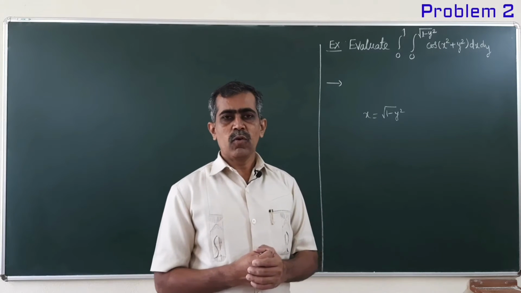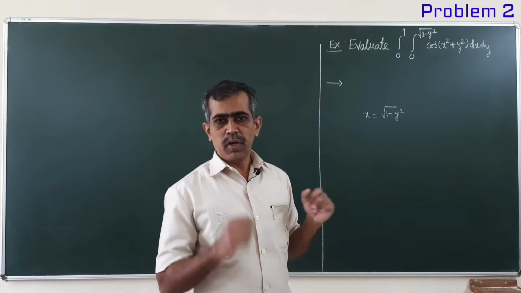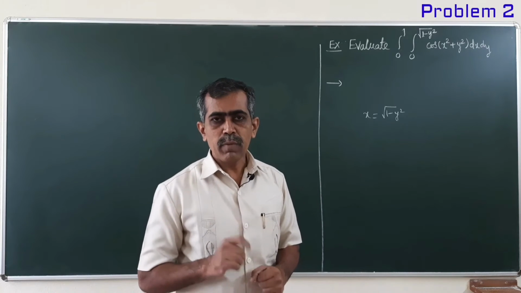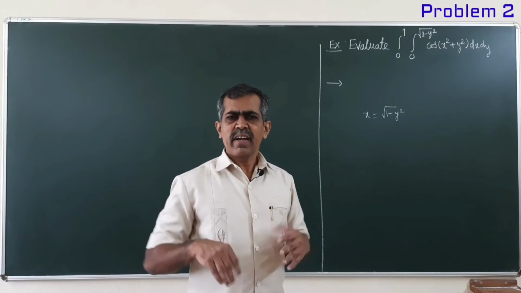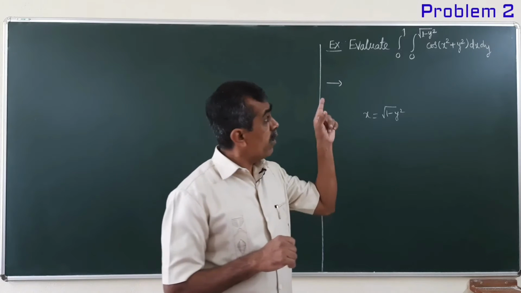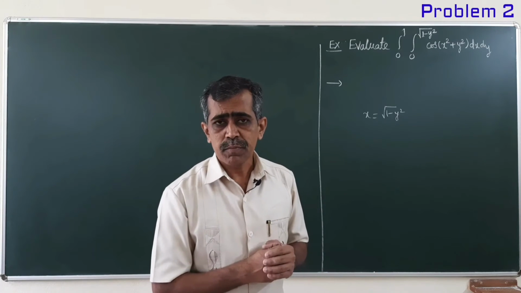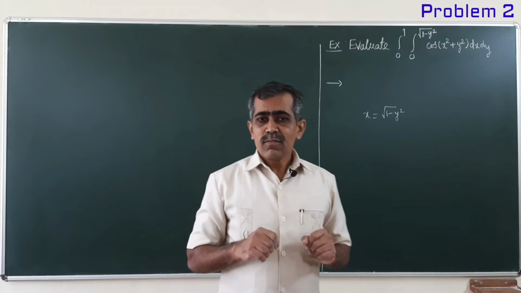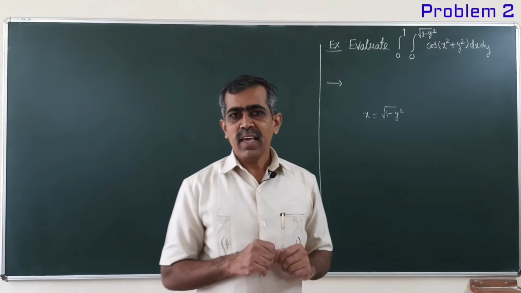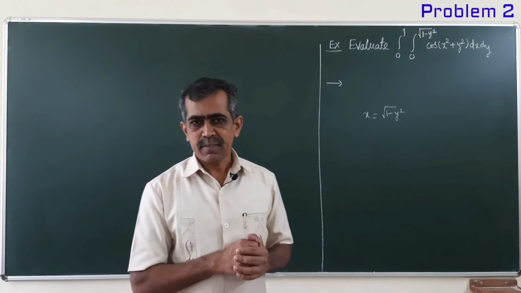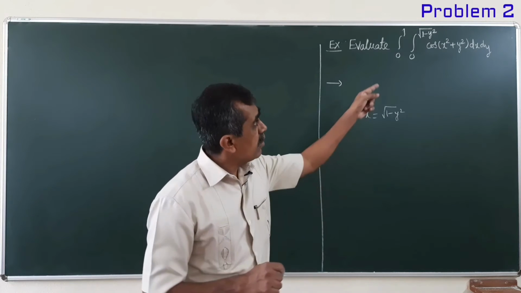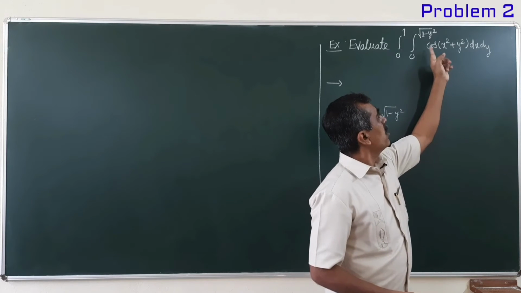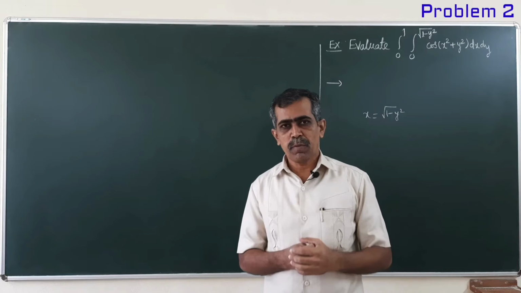As I have already told you, whenever the domain of integration is a part of a circle, it is easy to evaluate the integral using polar coordinates. Another reason is, if your function is complicated. Here your function f of x y is cos of x square plus y square.